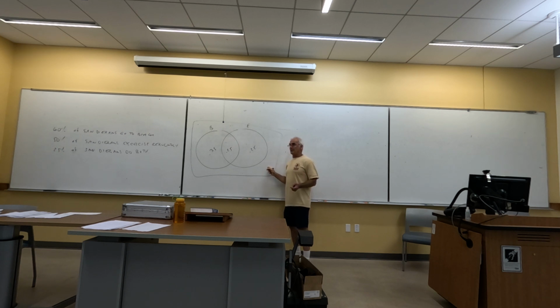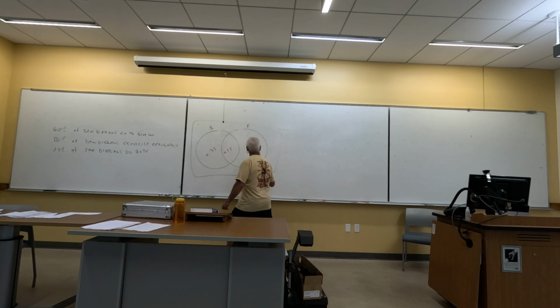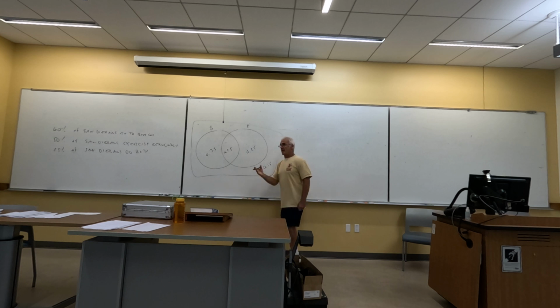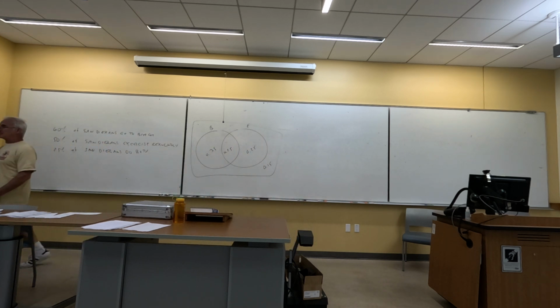So, give me a number. 0.15. So now going back to Samuel's question, what is the probability somebody goes to the beach and doesn't exercise? 0.35. What's the probability somebody doesn't exercise or go to the beach? 0.15. All of a sudden this became much easier, didn't it?